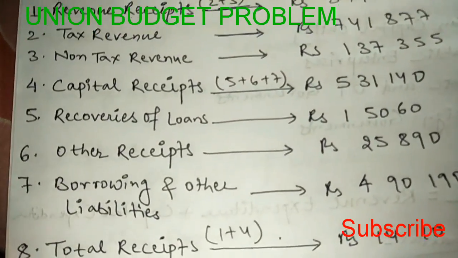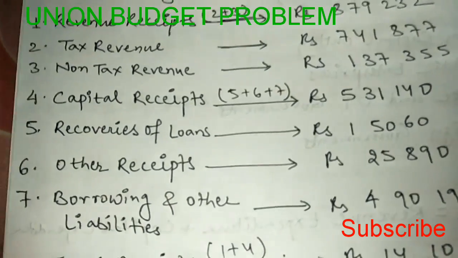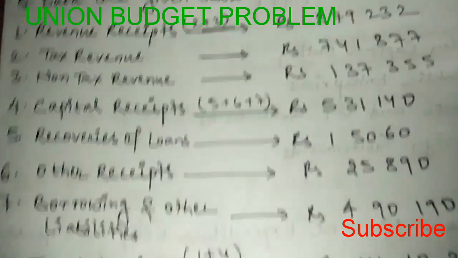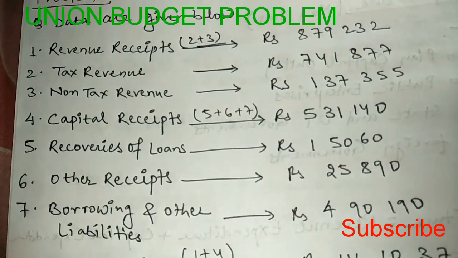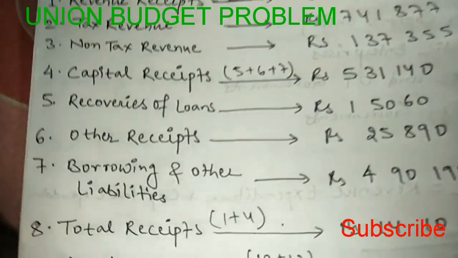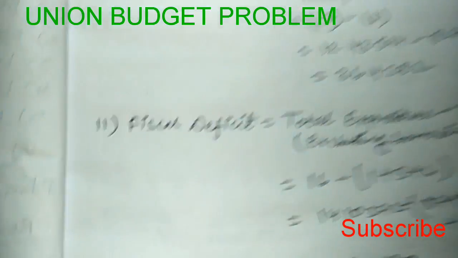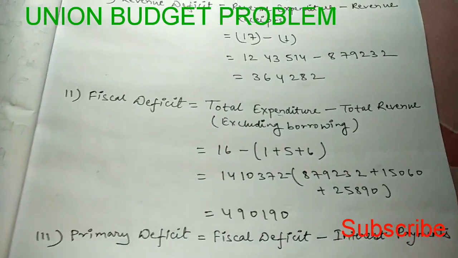The total capital receipt will be recovery of loan, other recovery, borrowing and other liability. You have to be careful here. Borrowing and other liability are not taken as capital in total revenue receipt. Excluding borrowing and other liability means 1 plus 5 plus 6 only. Here I have written 1 plus 5 plus 6. After calculating all, you get the data.